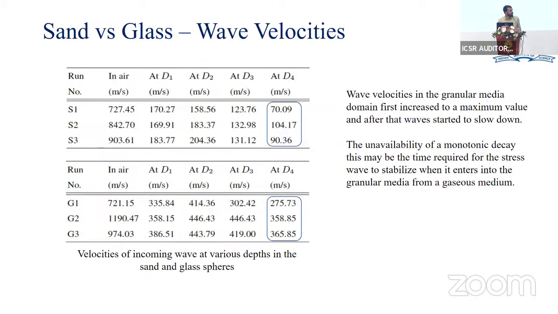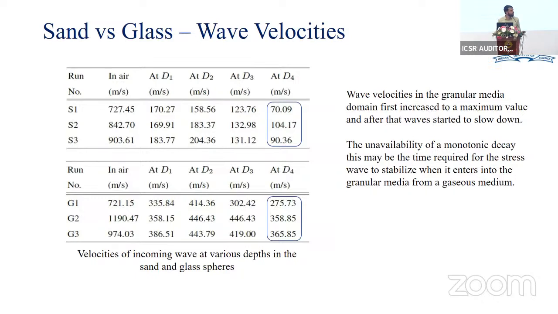Interestingly, we found one very peculiar thing: instead of a monotonic decrease in the wave velocities when the wave enters from gaseous media to a heterogeneous media like sand or glass bead, irrespective of the type of granular media, the waves were first increasing their velocity to a maximum point, as we can see in the comparison at D1 and D2, and after that the waves were decreasing. We didn't know the answer for this.